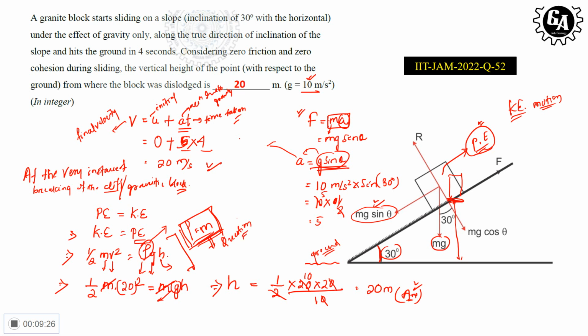I know the answer, but I just want to make it interactive. So you just write down in the comment box why I just put m in place of rho. Okay, I'll describe these things a little bit in the next numerical. Okay, no problem. So this is the answer, 20 meter.